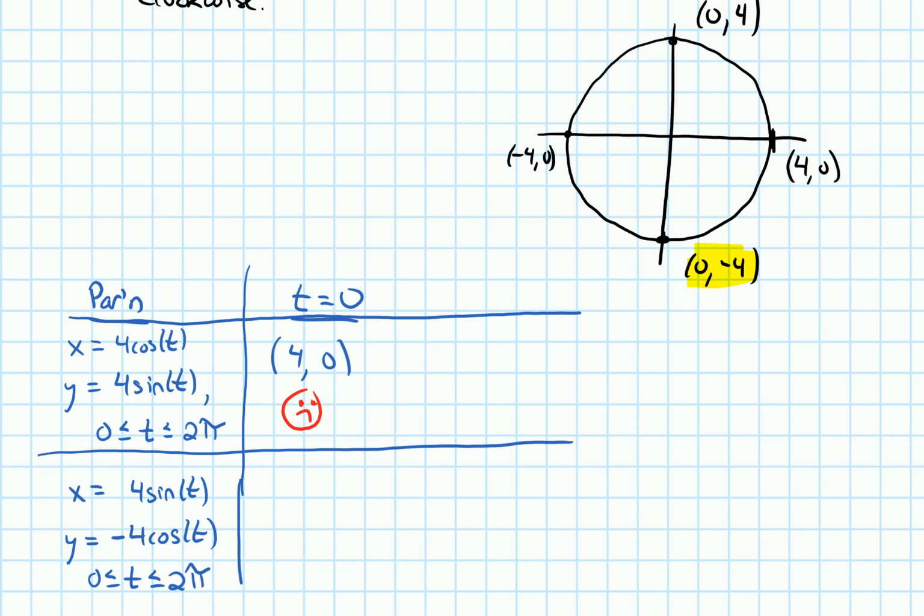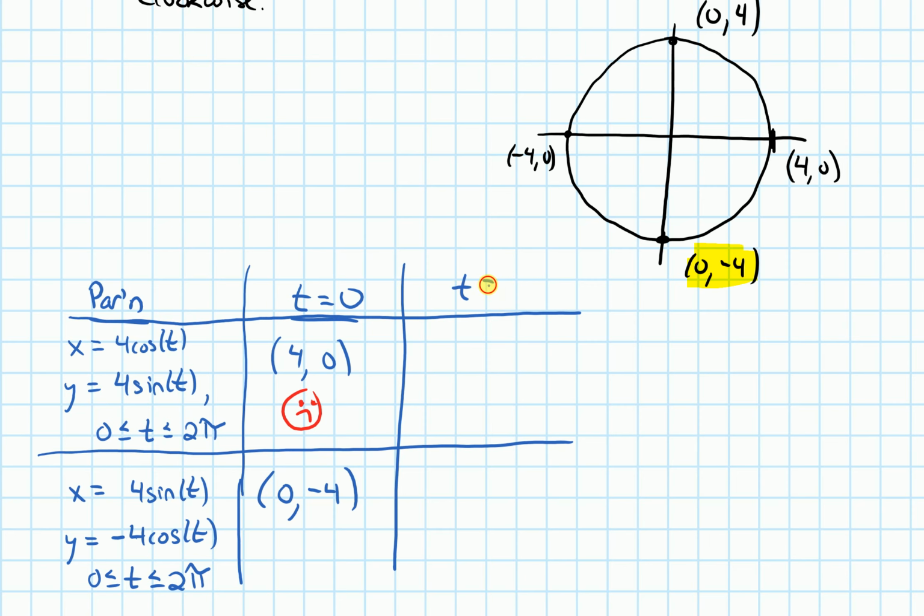So if I plug 0 into this now, x is going to be 0, and y is going to be negative 4, because that's how I built it. Okay, so it's got the correct starting point, but is it going in the correct direction? The way we can check is by plugging in another t value.